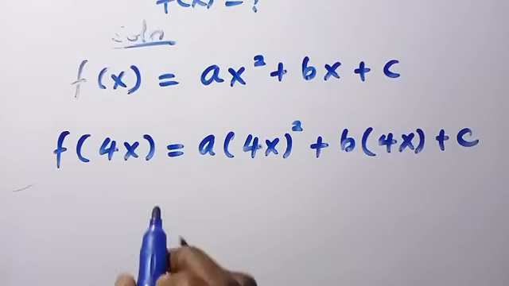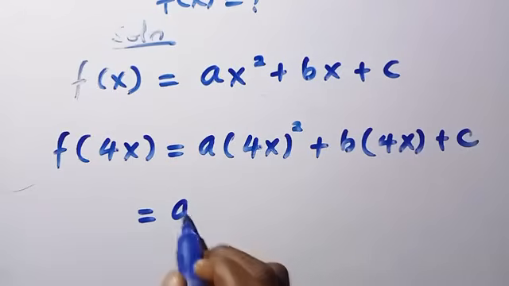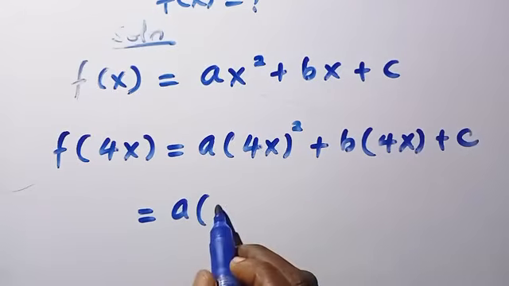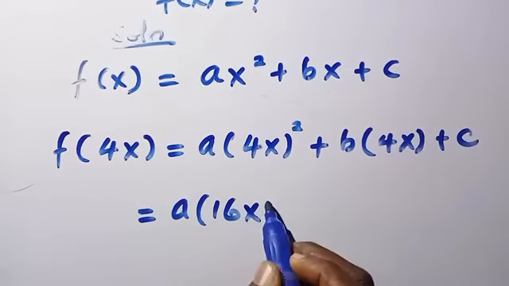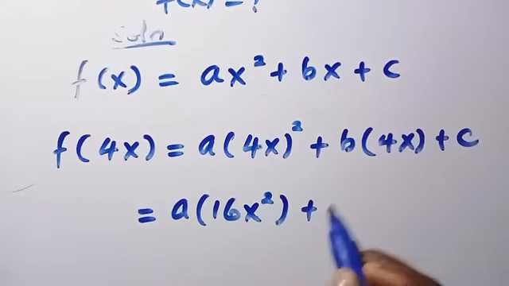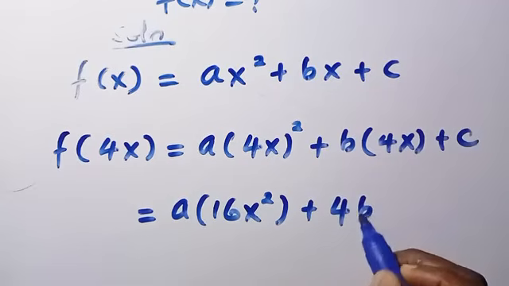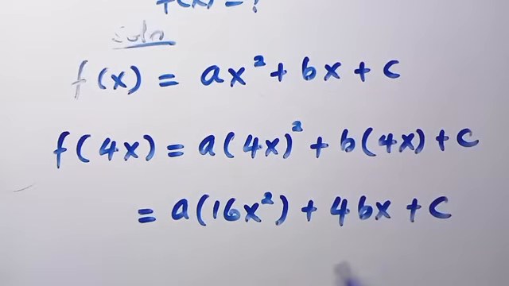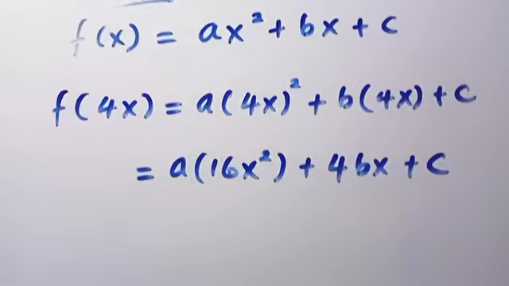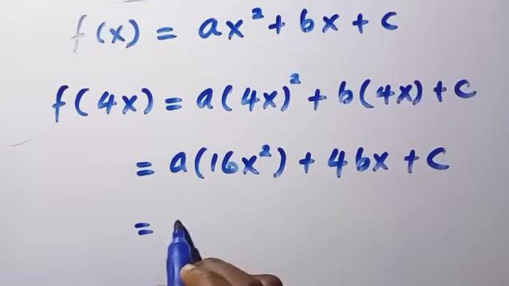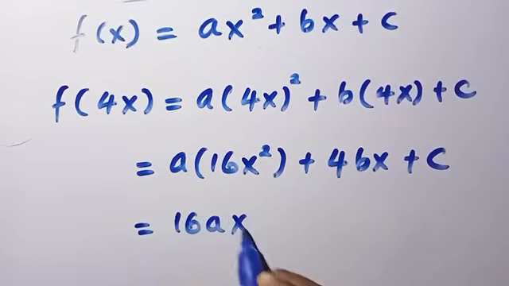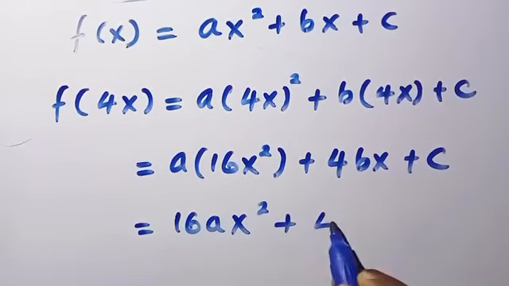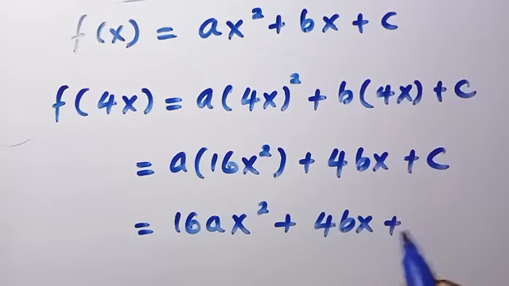Then a into bracket of 4x squared gives us 16x squared plus 4bx plus c, which we also write as 16ax squared plus 4bx plus c.